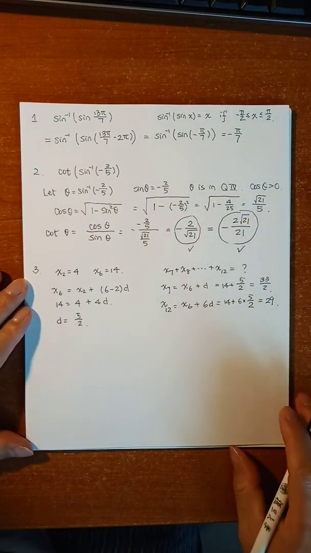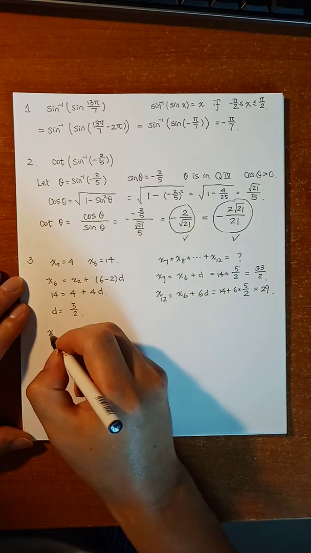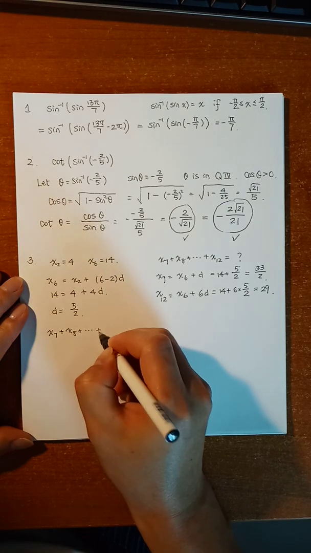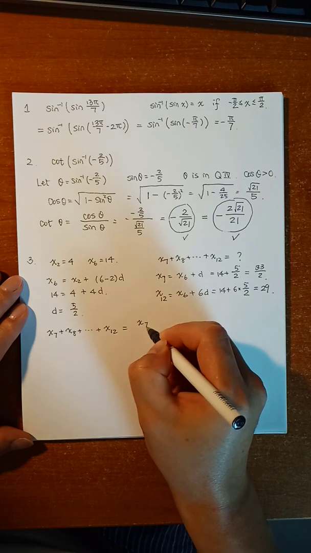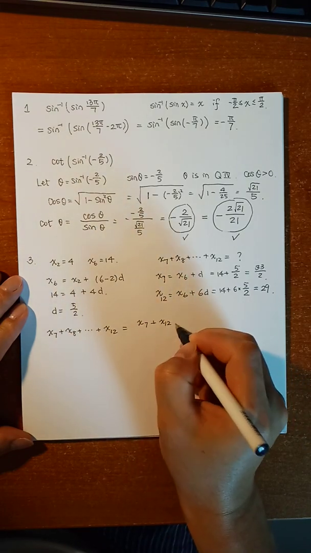So x12 is 29. Okay, now we can compute x7 plus x8 plus up to x12. It is equal to the number of terms times the initial term x7, you cannot change it, plus the terminal term x12, over 2.